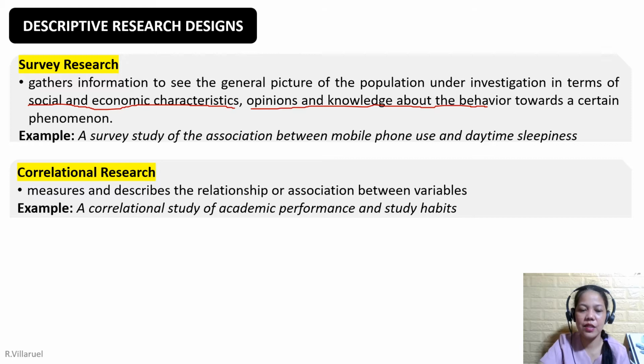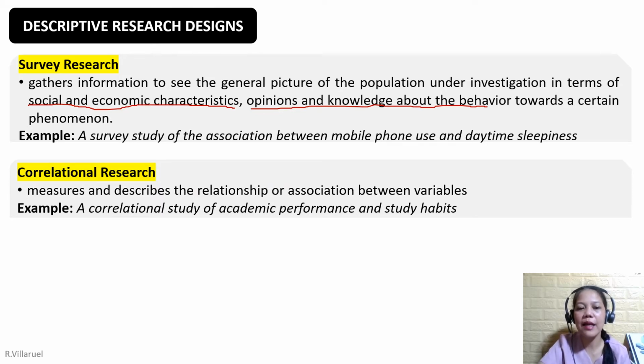correlational research. It measures and describes the relationship or association between variables. So remember, correlational research looks at the relationship of one variable to another variable. So example, a correlational study of academic performance and study habits. Sabi nila, ang relationship pwedeng maging positive, negative, or zero.